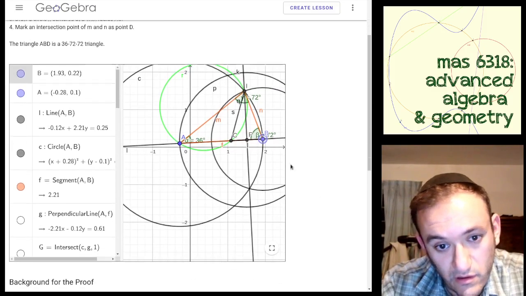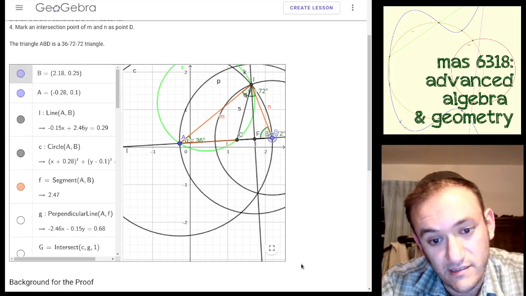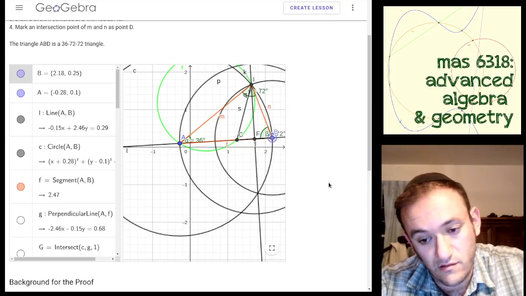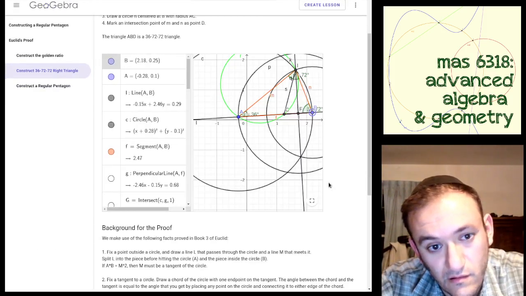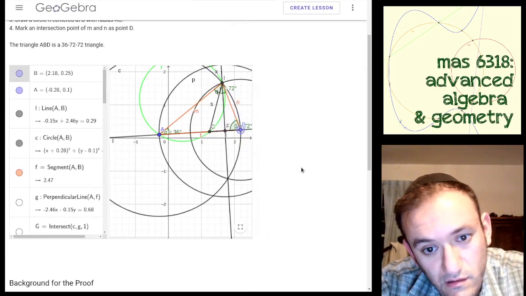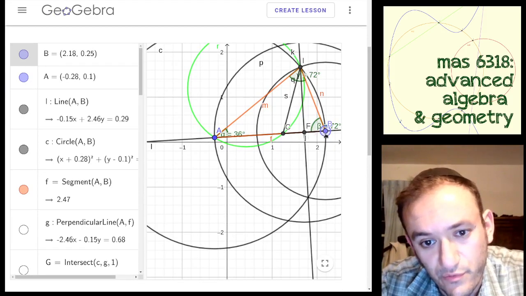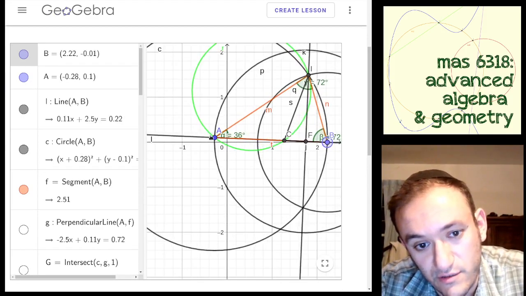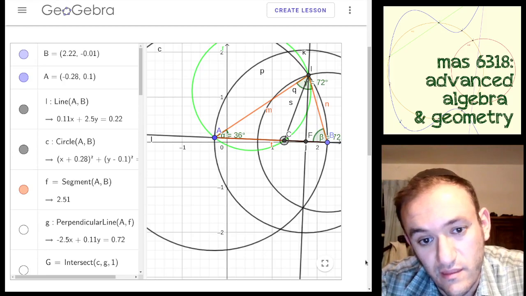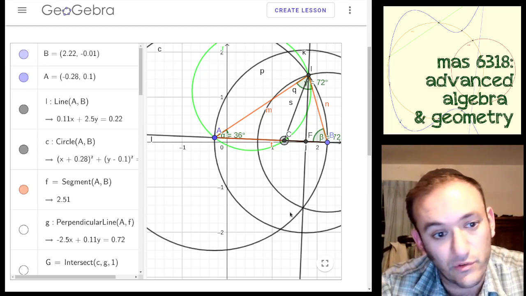So if we're looking at this, a little bigger. Oh, here we go. If we're looking at the ratio of AB to AC, that's given by the golden ratio.